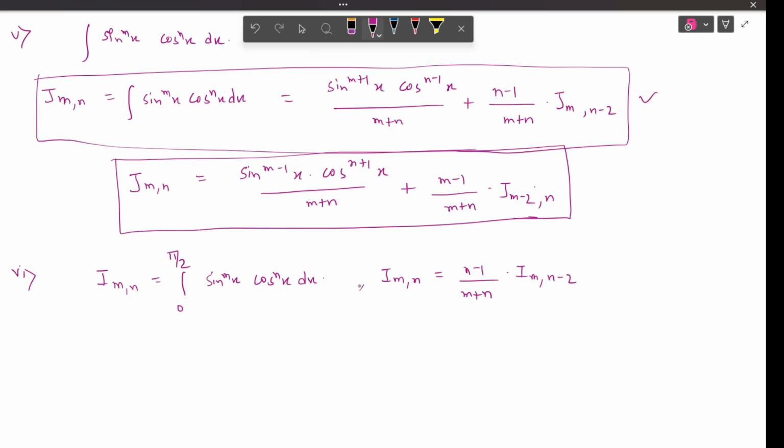If we use this formula, we will get this. And if you use the other formula, you will get I m comma n is m minus 1 by m plus n into I m minus 2 comma n.